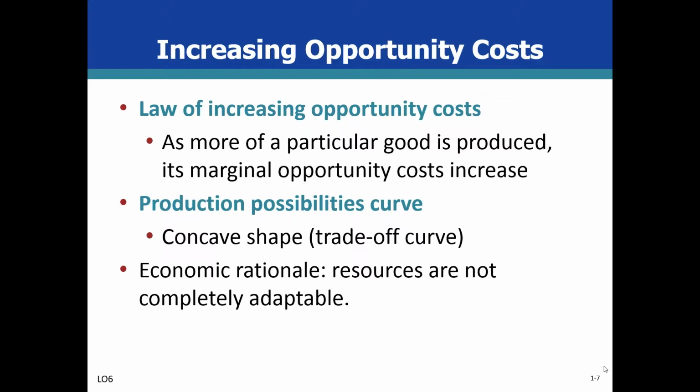The more and more pizzas that we want to make, the more and more industrial robots we have to give up in order to make those pizzas. Therefore, to make more pizzas, its marginal opportunity costs increase.